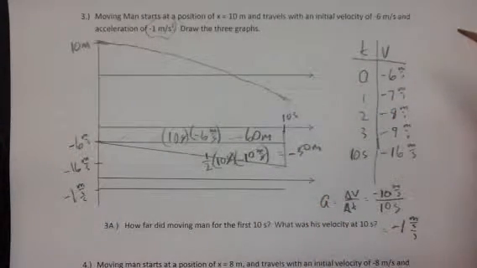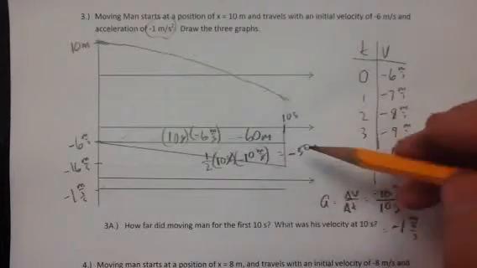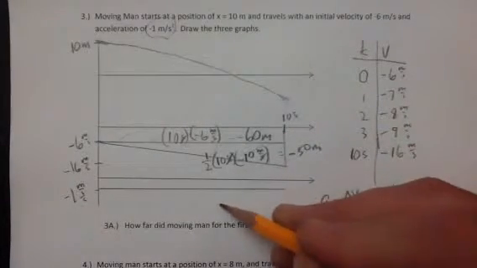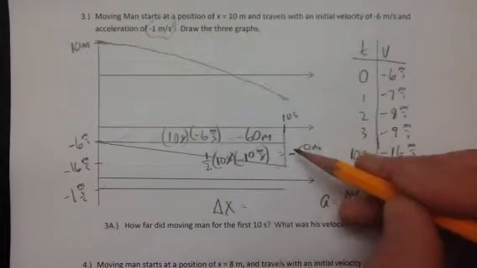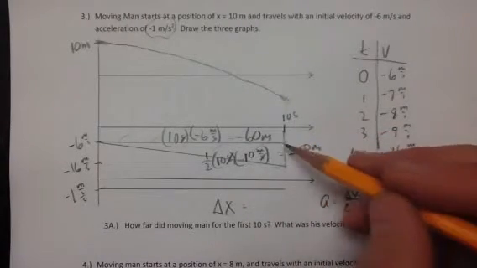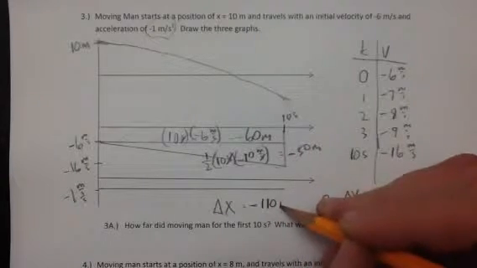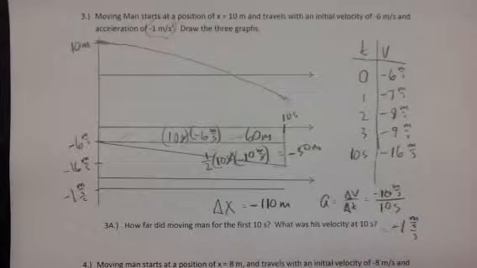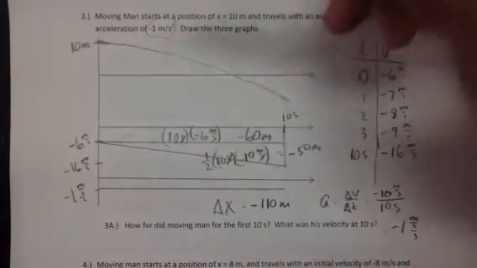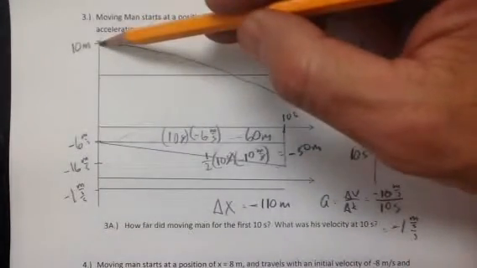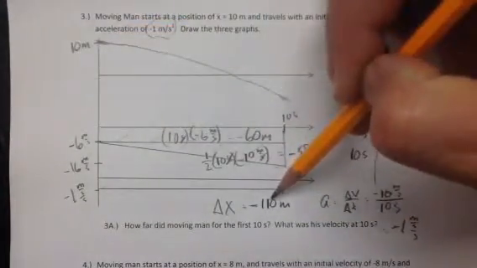So the area of the rectangle and triangle together is going to be the sum of these two displacements, which will be -110 meters. So from where we started at +10, our displacement is -110.